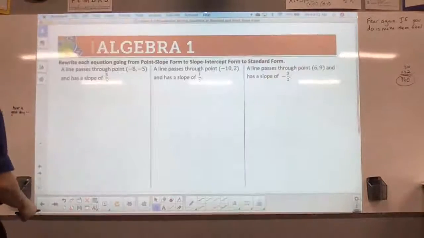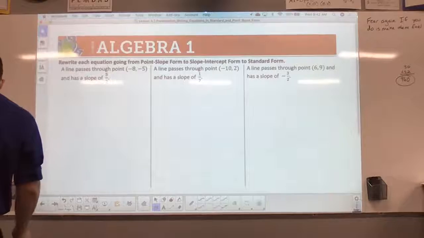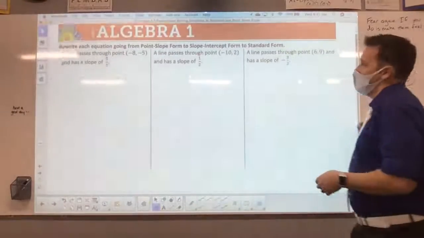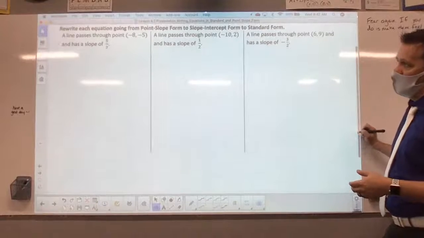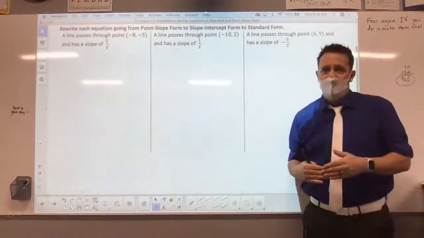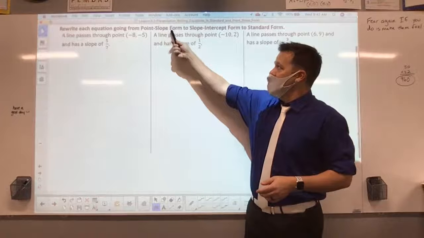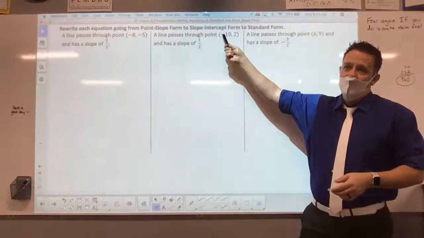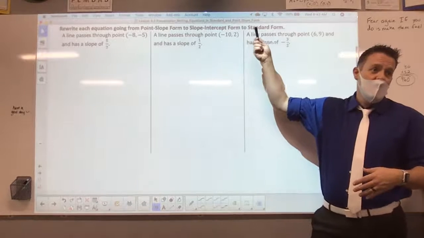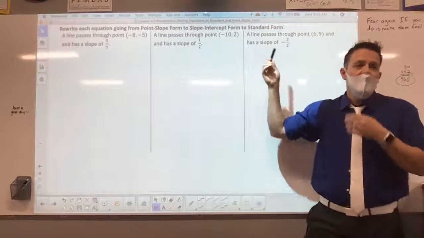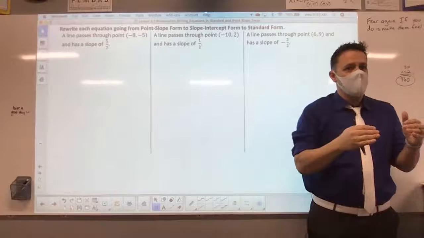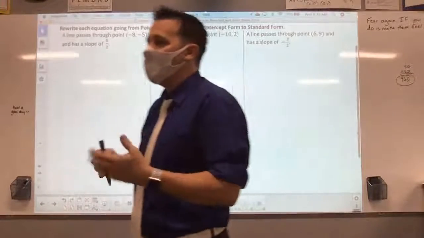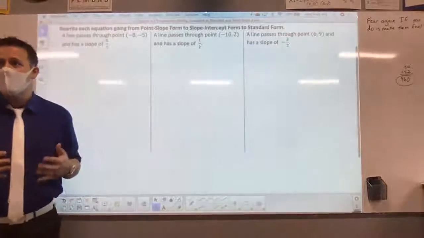So here's the coup de grace of this entire lesson, the big finale that I need to make sure you can do, and why I gave you so much space. We're going to go from point slope form to slope intercept, and then finish in what? Standard form, okay? You can start with one, and you can write all the other equations based on that form. Now, here's what I need you to understand in relation to that.